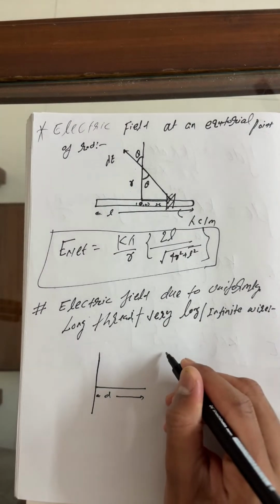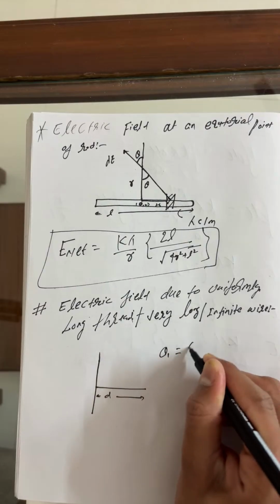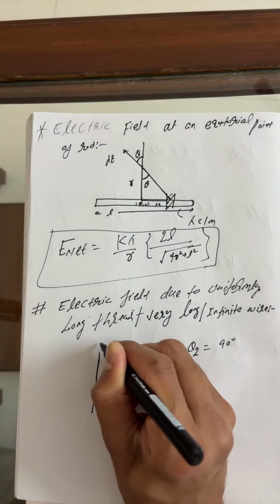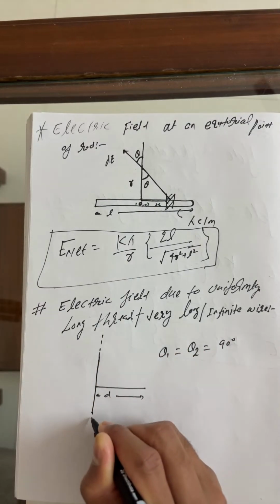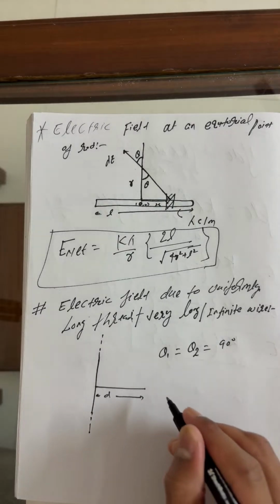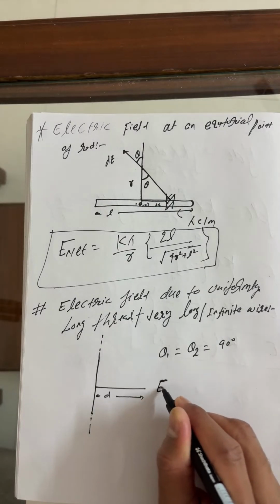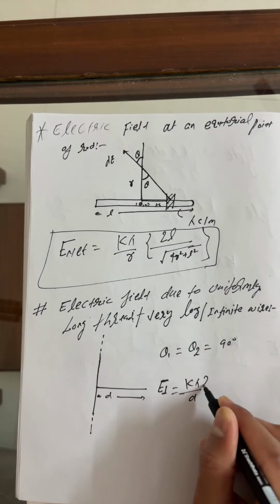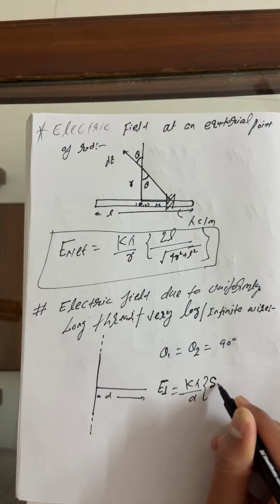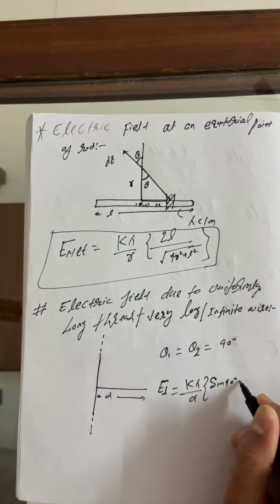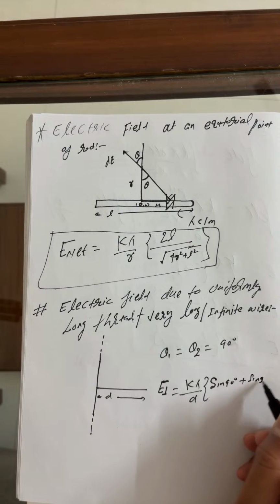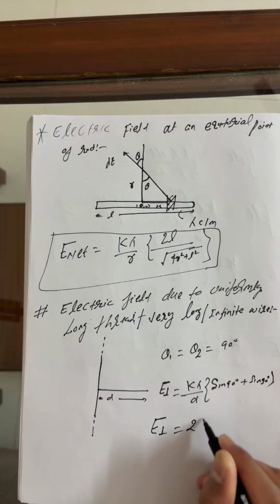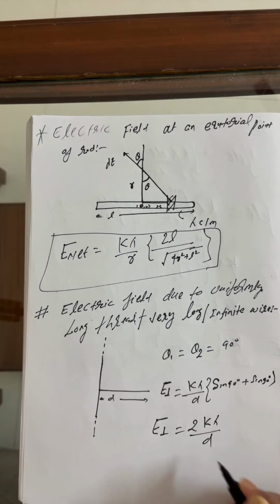Both are 90 degrees. So E perpendicular is k lambda by D into (sine 90 plus sine 90 degree), so E perpendicular is 2k lambda by D.